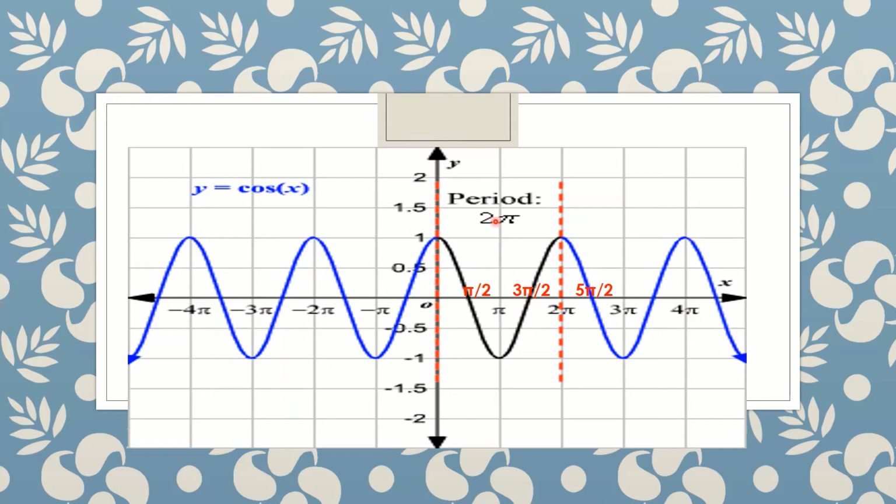The amplitude is the distance: the maximum at the top is 1, and if you go down again, it is 1. So the amplitude uses the same formula as the sine function, which is half times the maximum value, which is 1, minus the minimum value, which is -1.